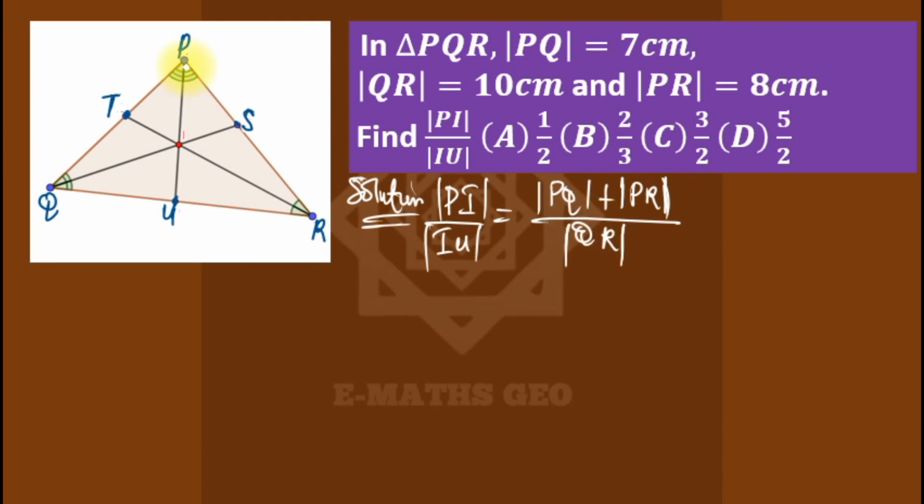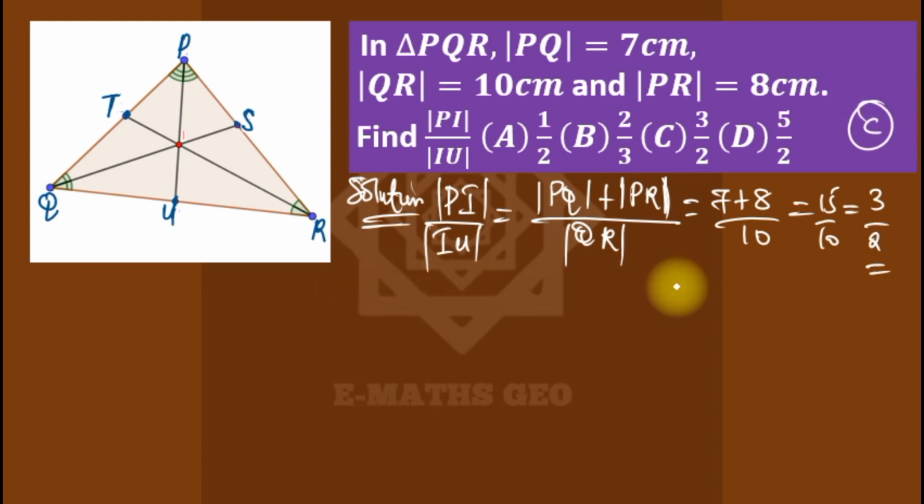So if I'm looking for the ratio of PI to IU, it's the sum of this and this over that. PQ is 7 plus PR is 8 over 10. So our answer is 15 over 10, which is 3 over 2. So option C.